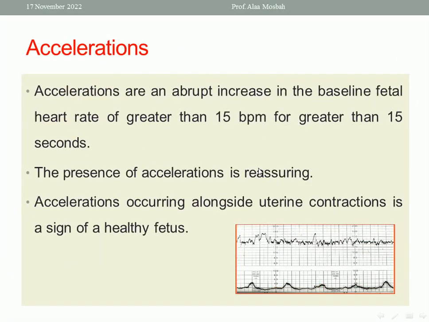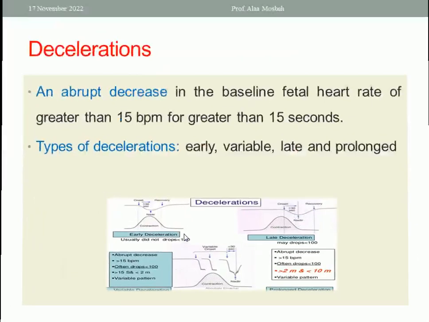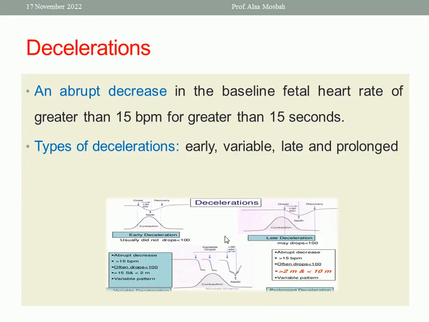This is the acceleration, the other item: an abrupt increase in fetal heart rate greater than or equal to 15 beats per minute for 15 seconds or more. Deceleration, as I mentioned before, look at this one. This is the early deceleration that drops to the maximum with the maximum contraction and disappears with the end of contraction.